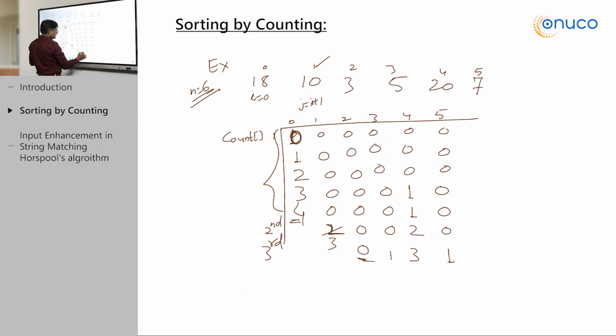Similarly, now we are going to deal with the next position 5. 5 and 20. Since 5 is smaller, 5 count value will remain same, 20 will be increased. Count value for 20 is 3, 3 plus 1 becomes 4. 5 and 7, 5 count value will remain same, 7 is greater than 5, so count value of 7 becomes 2. Remember, we are just increasing the count value of the larger element.